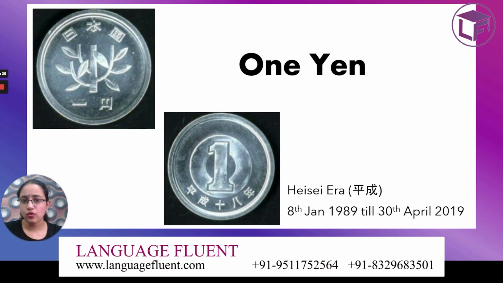If you want to know more about the different eras, you can check it out. For now, I can tell you that the Heisei era was from the 8th of January 1989 till the 30th of April 2019. After that, what is currently running is the Reiwa era. That's what is happening right now, and the one before that was the Heisei era.